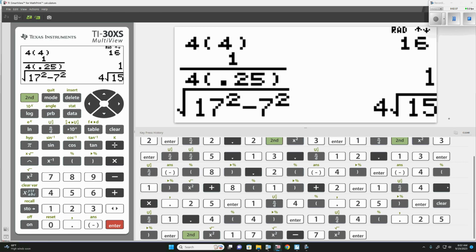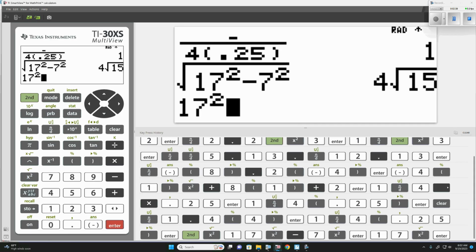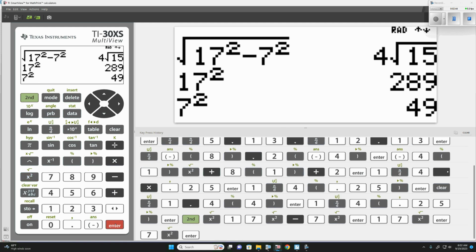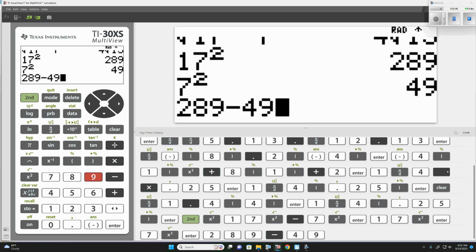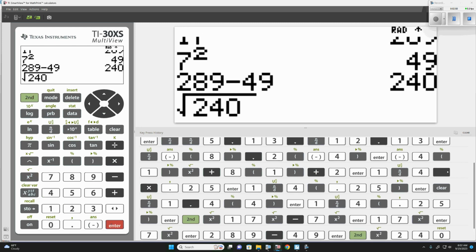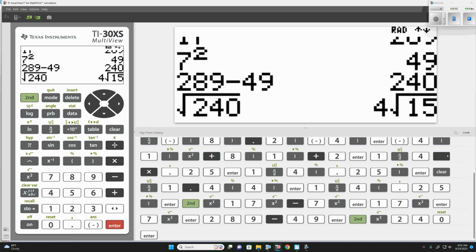Because I could have taken that individually, said 17 squared is 289, 7 squared is 49, so 289 minus 49 is 240, and the square root of 240 is still not there, or I just plug it in as a whole piece.